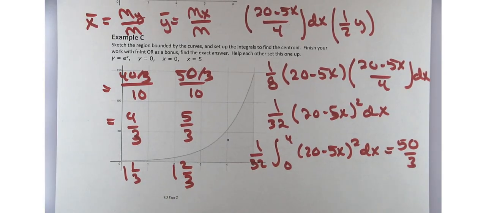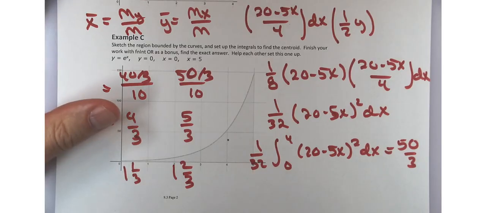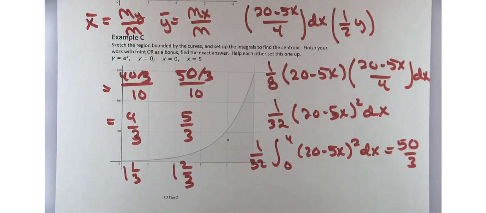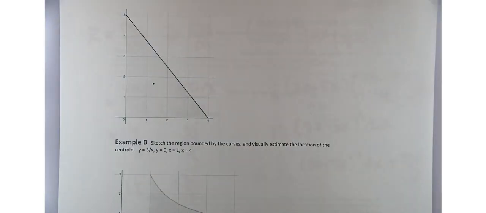It's tough to completely check these things, but you can look back and see if that point makes sense. If you look back at your handout, you might see a little dot here.